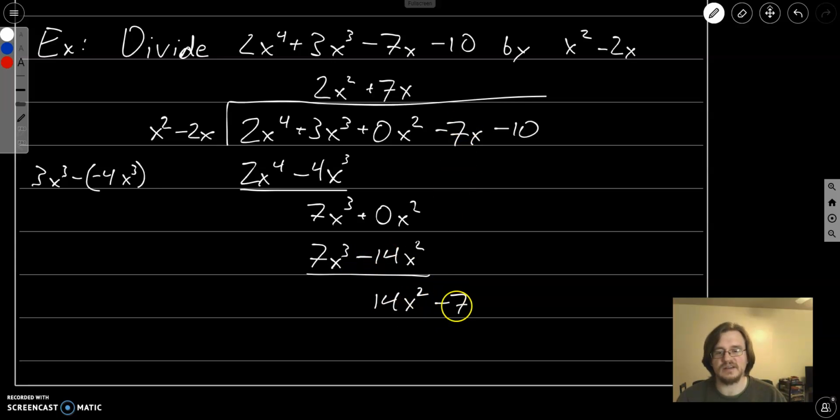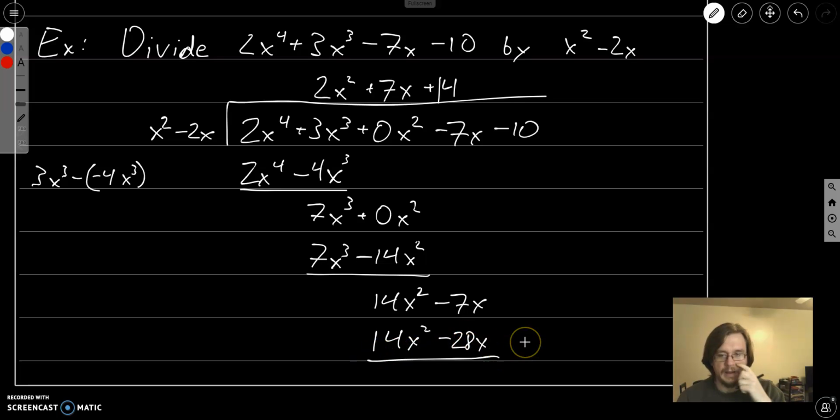So now I'll bring down the negative 7x. So x squared goes into 14x squared 14 times, as in 14x squared divided by x squared is 14. So I'll take 14 times x squared, and 14 times minus 2, so this is going to be negative 28x.